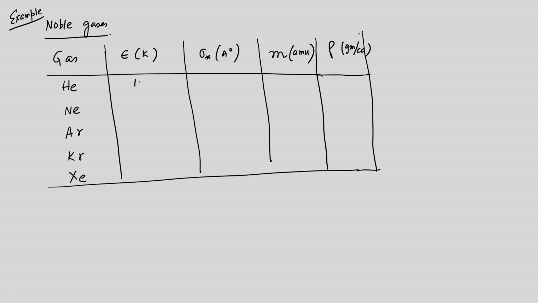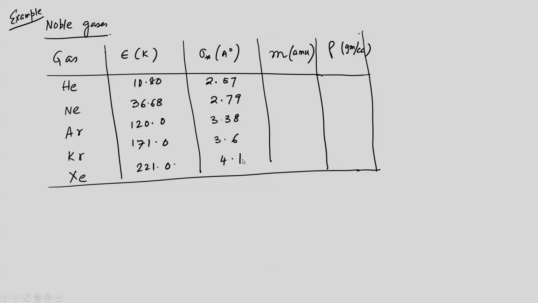So, this is 10.80, 36.68, 120.0, 171.0, 221.0, where the sigma stars in angstrom are 2.57, 2.79, 3.38, 3.6, 4.1. So, it is between 2.5 to 4.1 in these cases.